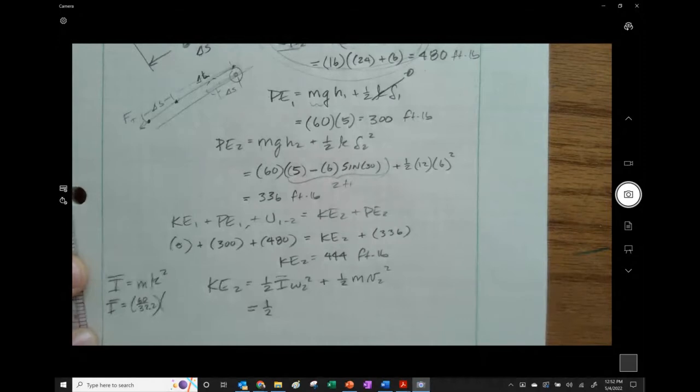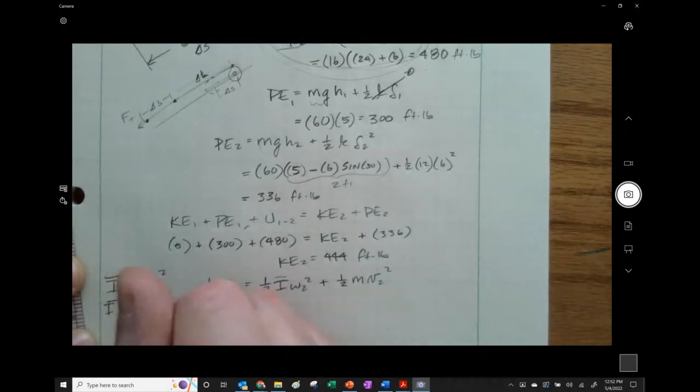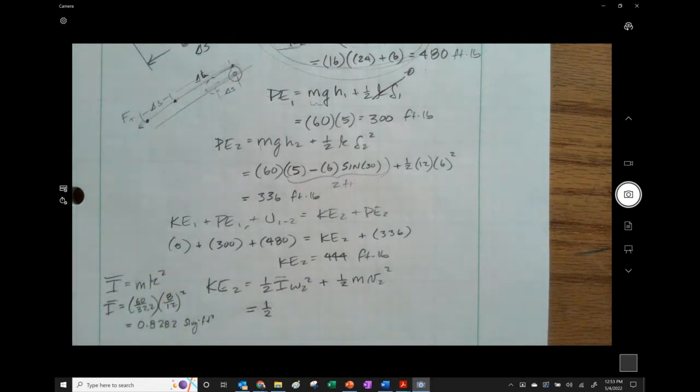Is that true? Yeah, 8 inches, so over 12. So we end up with 0.8282 slug feet squared.